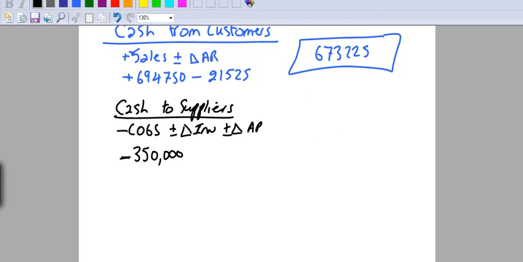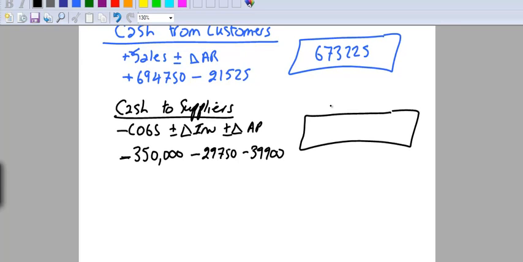My inventory has increased, so my cash is going to be an outflow, 29,750. I now look at my accounts payable. It's also an outflow, 39,900. And I add these numbers up. They're all negative. So I'm going to get 419,650. This is a minus outflow.